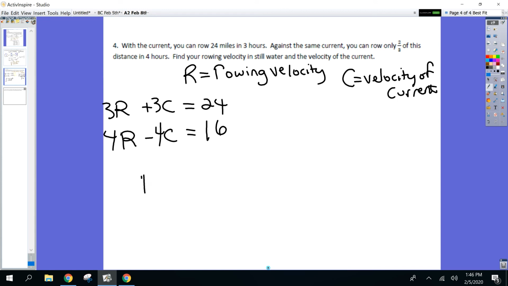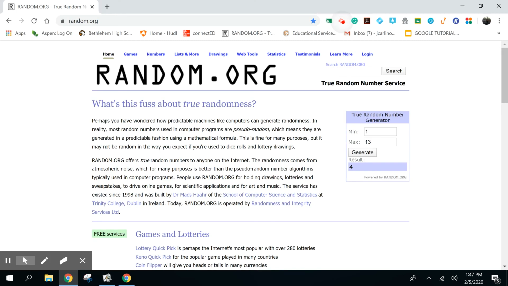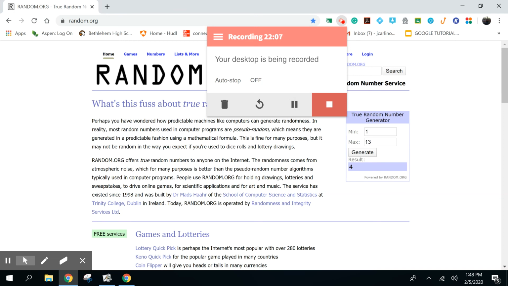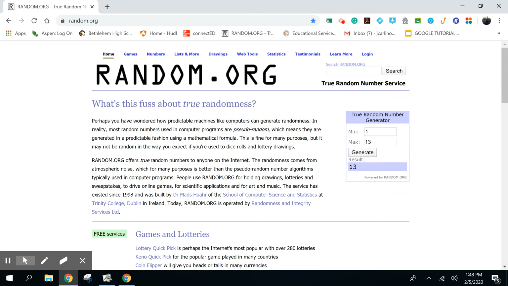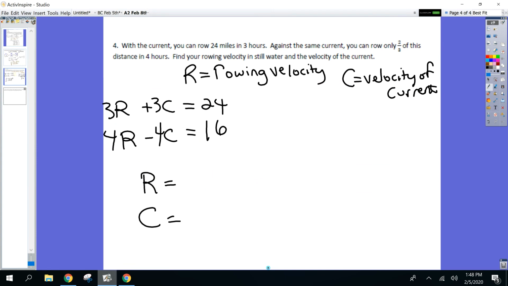Oh man. Rowing speed first here. Okay, whenever you're ready. Rowing speed.